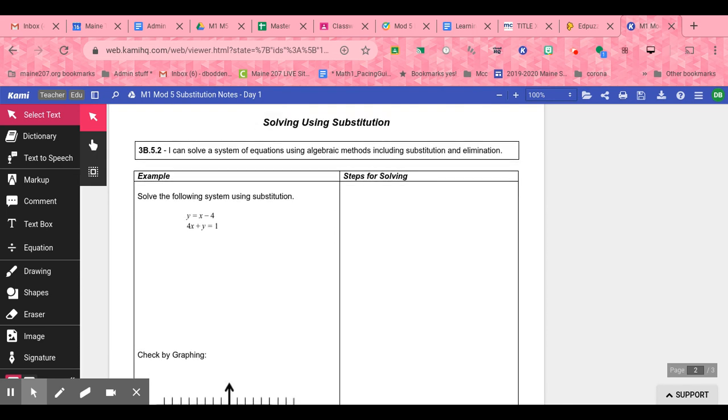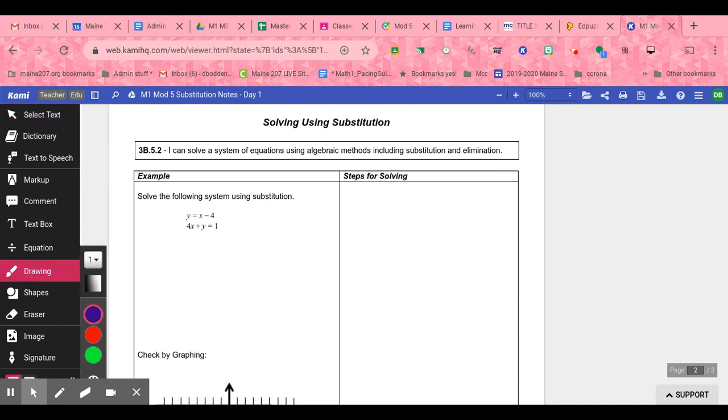Right. So as you can see in this example, I'm giving you 2 equations, and these are equations of lines. And we are going to solve these equations using the substitution method. Now, what I like to do is I like to rewrite my problem with my 2 equations right next to each other. It helps me organize my work.